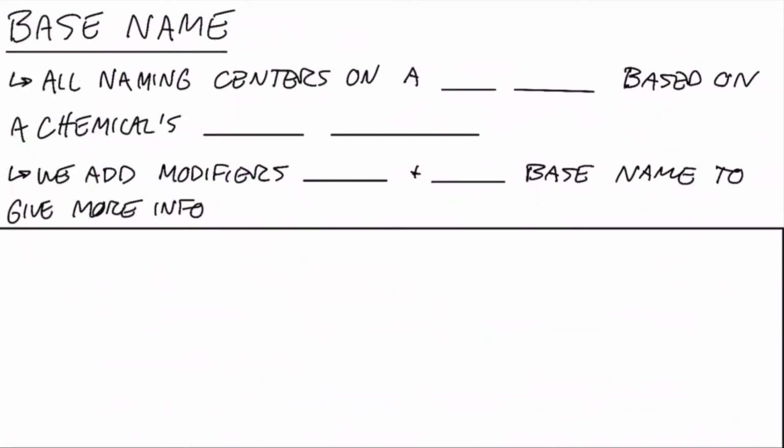Okay, so how do we name things? Well, it all centers around this base name, right? And this base name is derived from a chemical's number of carbons, or I like to call this the carbon backbone.